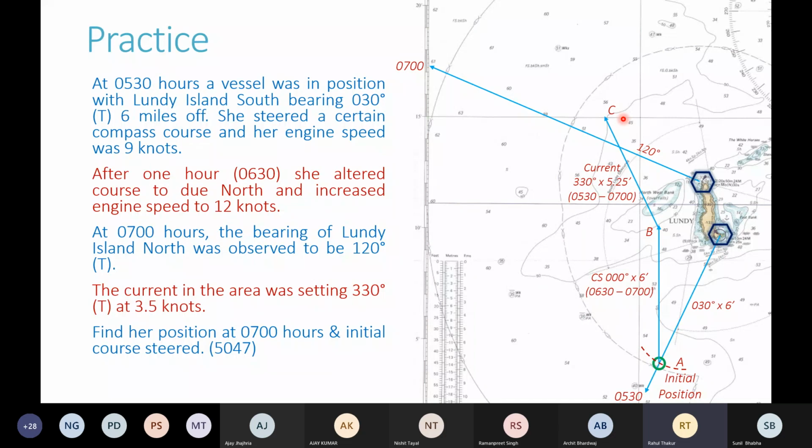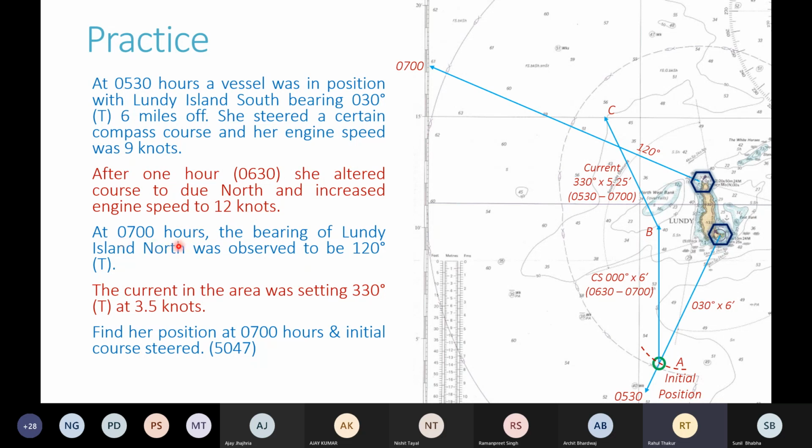Now we know that from 7 o'clock to 7:30, for a period of half an hour, the vessel was moving at a speed of 12 knots. You can see at 0630 the course was altered and the engine speed was increased to 12 knots.